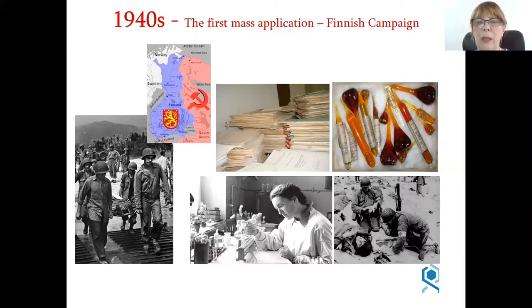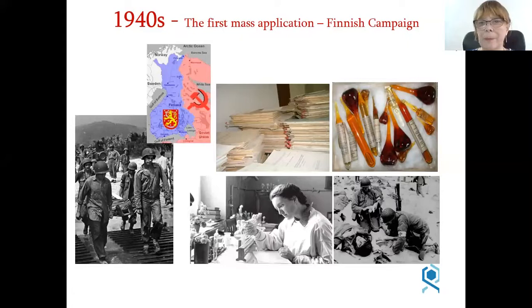Therefore, the healthcare organizers decided to use whatever was available to prevent amputations and gas gangrene, which is a very common disease during the war. It is called war disease.